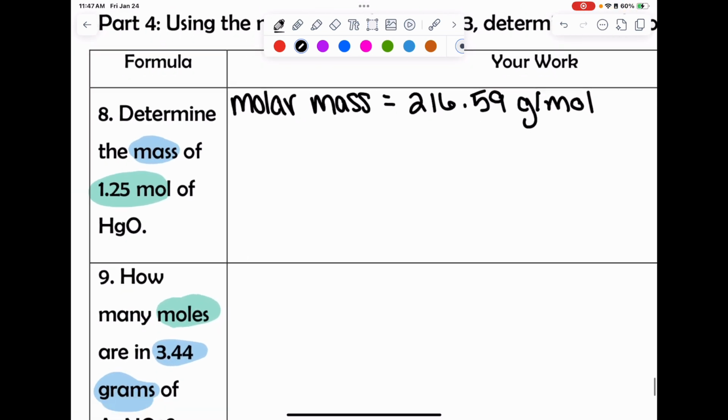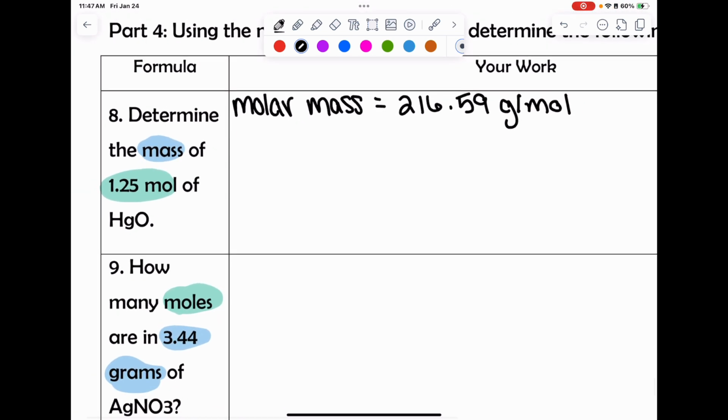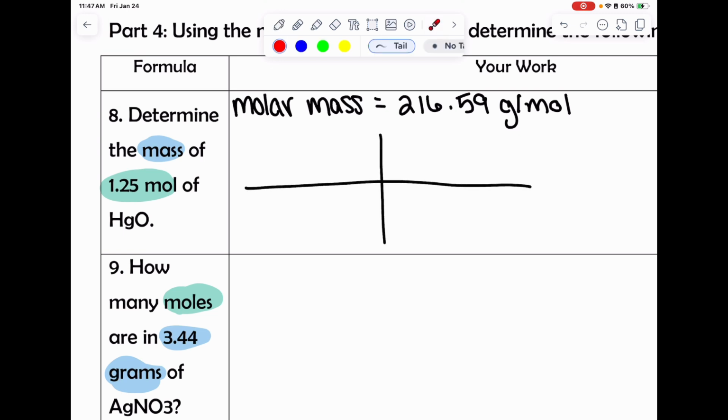All right, so determine the mass when we're given 1.25 moles of HgO. So again, whenever we create charts, the first thing in it is what we're given. So 1.25 moles, and we're trying to go from moles to mass, which is grams.